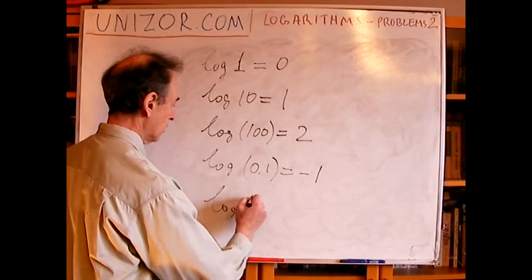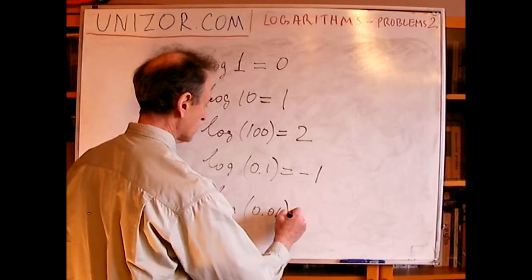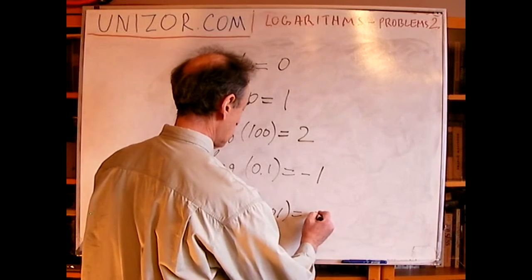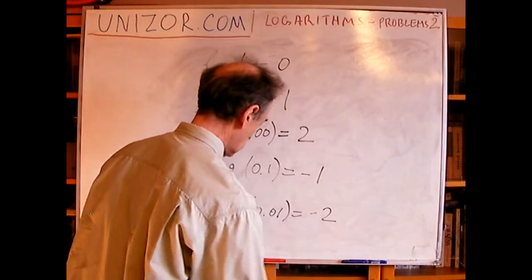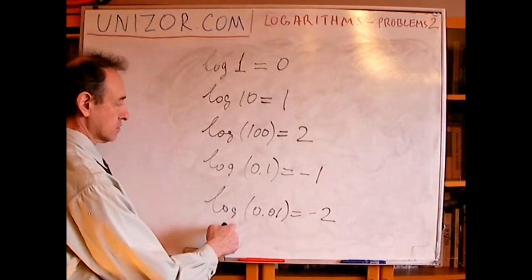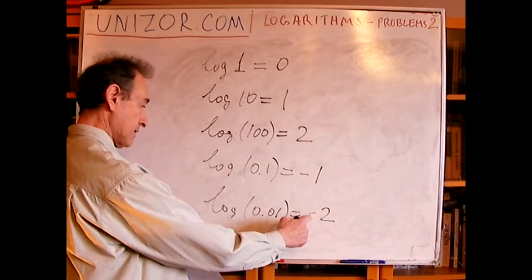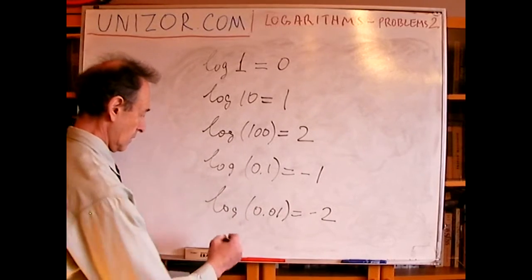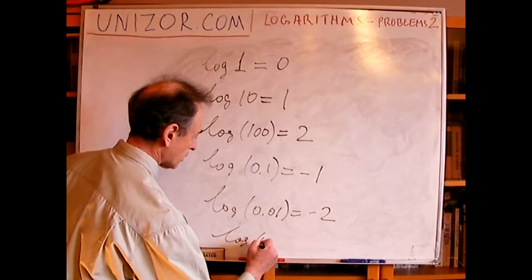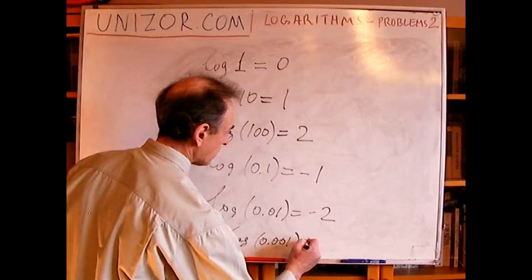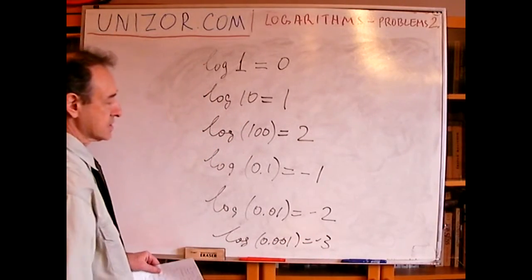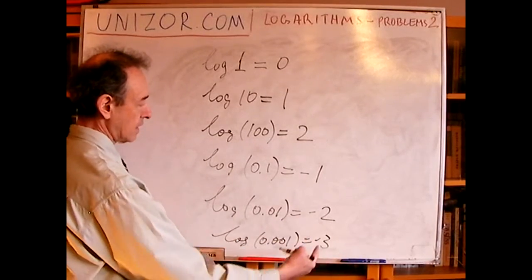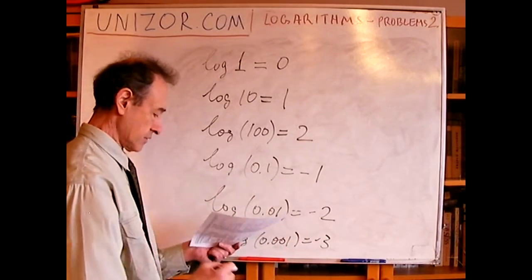And finally, log 0.01, which is 100ths, this is -2. Because 10 to the minus means it's 1/10, and then squared, it will be 100ths. And the last one, log 0.001, obviously it's -3, for the same reason. 10 to the minus would be 1/10, cubed would be 1,000ths.